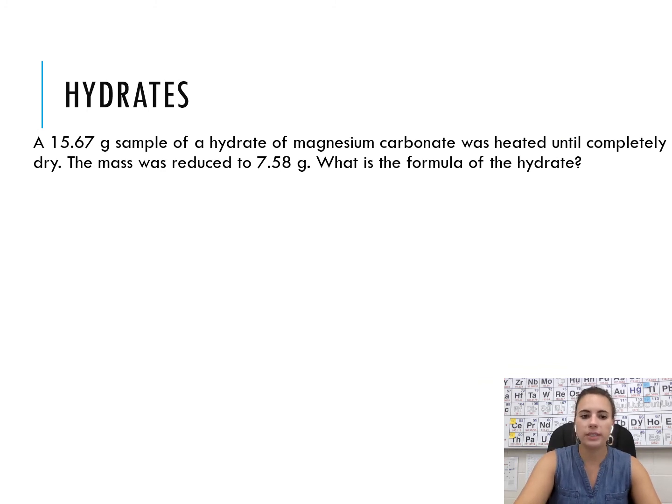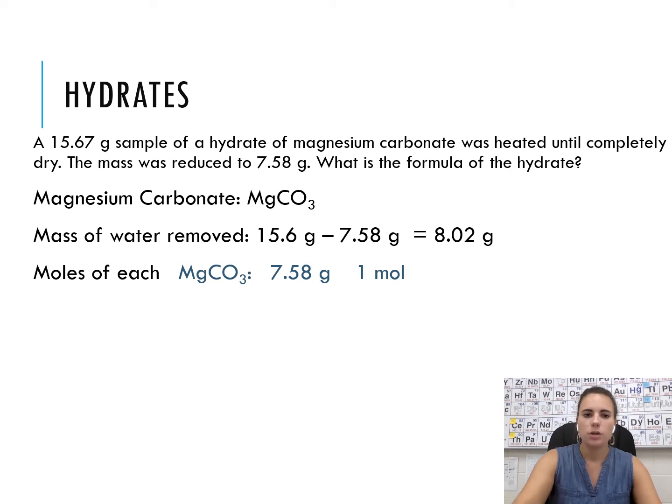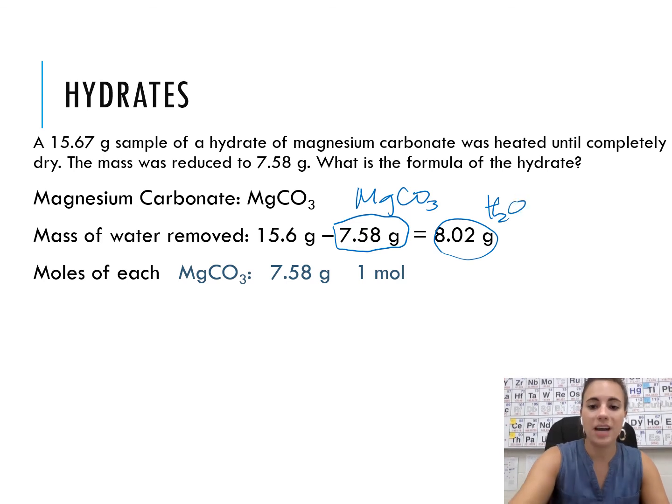A 15.67 gram sample of a hydrate of magnesium carbonate was heated until it was completely dry. The mass was reduced to 7.58 grams. What's the formula of the hydrate? So first, we've got to write magnesium carbonate. Now, we got to determine how much water was taken off. So 15.67 minus 7.58 equals 8.09. So that means that the 7.58 grams is made up of entirely magnesium carbonate, and the remaining mass is entirely water.